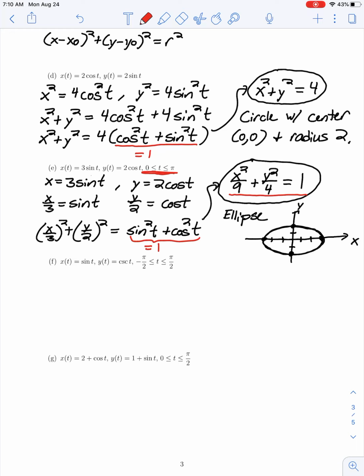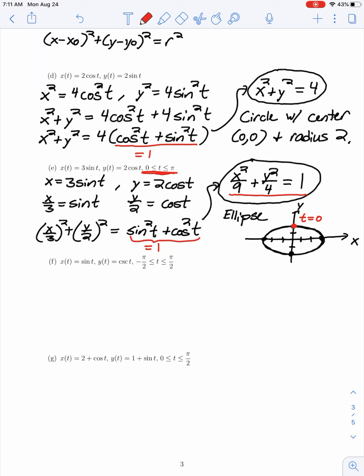So if t is 0, when we substitute 0 into our parametric equations, we find that x is 0 and y is 2. So this point corresponds to t equals 0. And we want to see which direction we're moving along this ellipse.